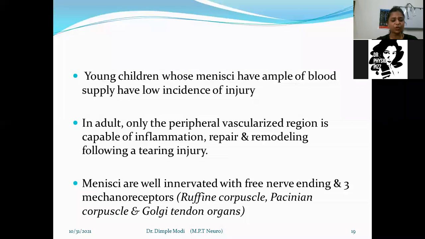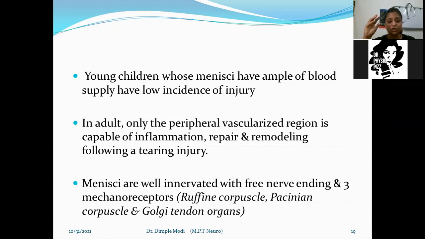Now we come to the role of the menisci. As I already told you, it helps in increasing joint congruency and weight bearing, and it reduces the friction between the two joints. In operative cases, menisci are preserved because if there is a removal of the menisci, it nearly doubles the stress on the femur and multiplies the forces almost 6 to 7 times on the tibial plateau.